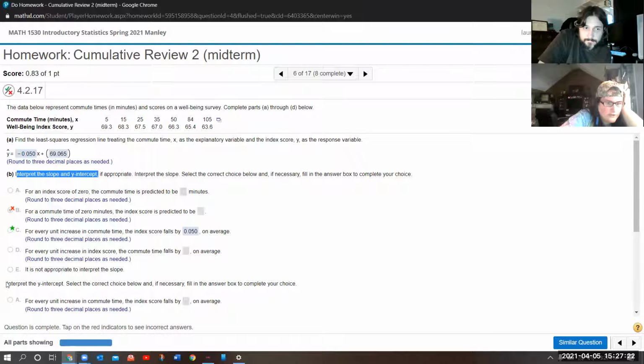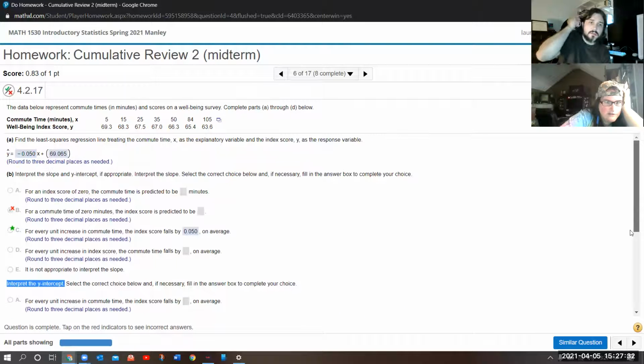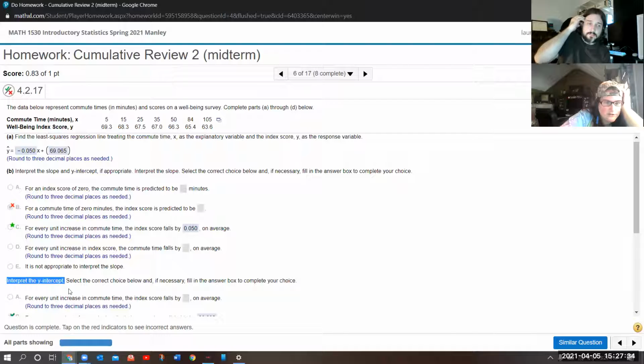Yeah, there should be a sentence above that first part that says interpret the slope. It's not there. But yeah, that's what B is asking for. The slope is going to be whatever your coefficient of X is. In this case, the negative 0.050.